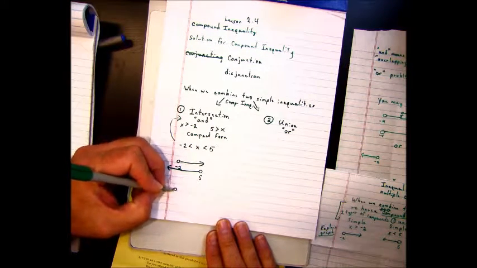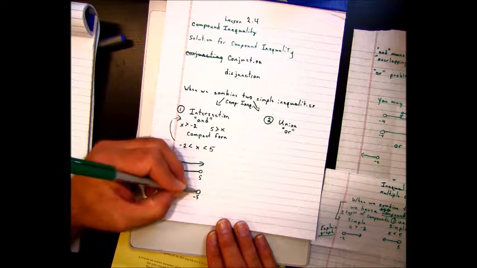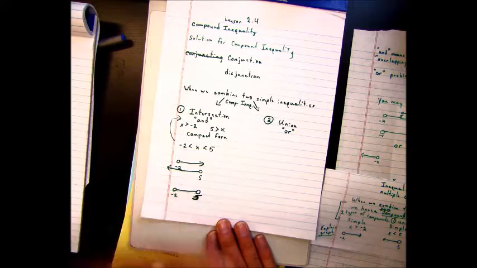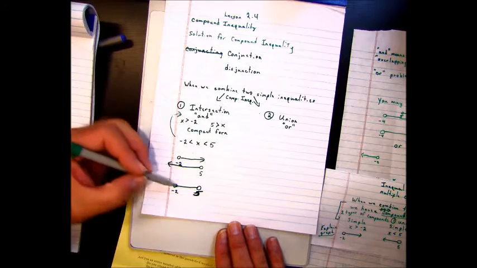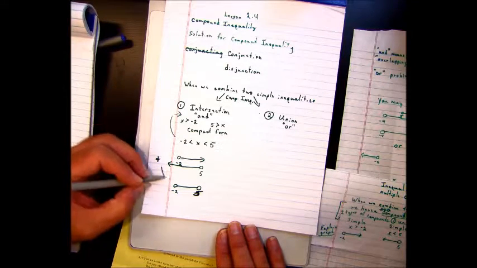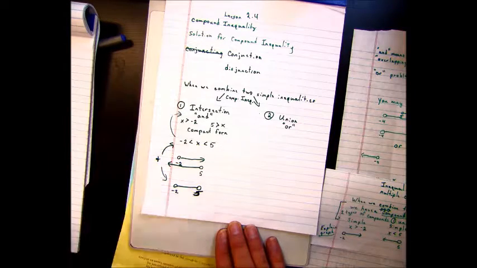Which means your answer must be between 5 and negative 2. So again, this is an AND question, an AND graph, and an AND solution.